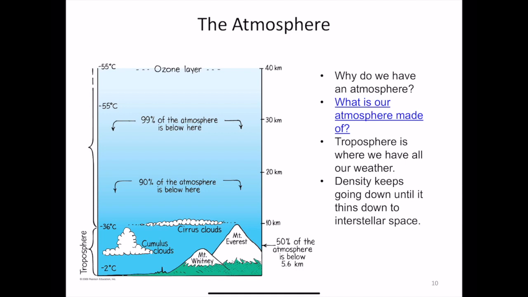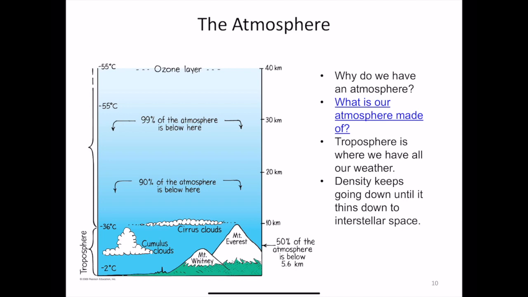Nitrogen and oxygen. Nitrogen, I think, is 71% or something like that. Or let me just quickly Google that because I never remember. Yeah, the nitrogen is 78% of the atmosphere.